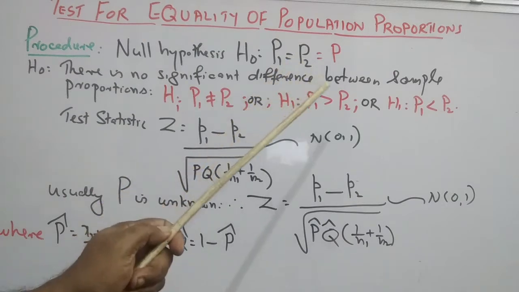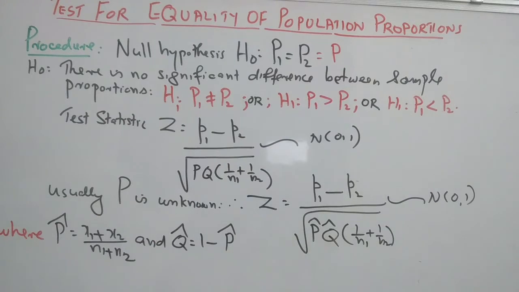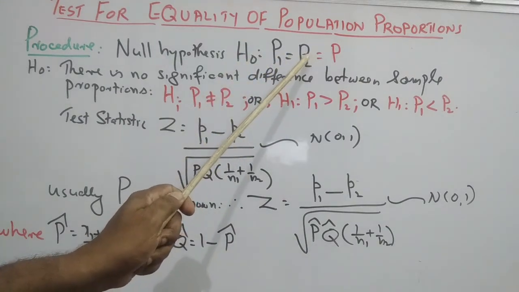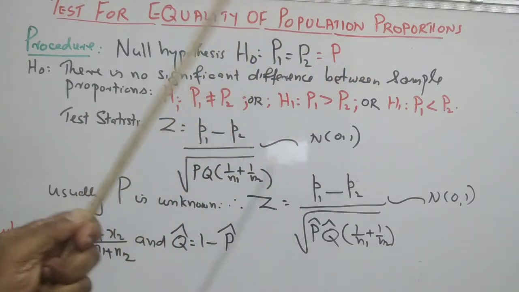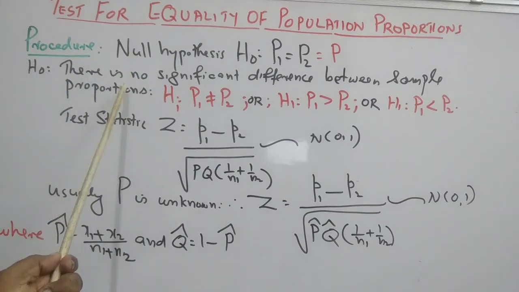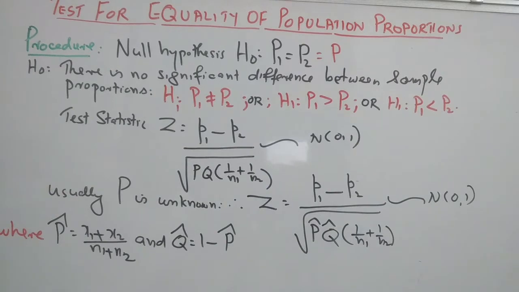Then H0 is interpreted as there being no significant difference between the sample proportions. And H1, depending on the situation, is P1 not equal to P2, two-tailed, or P1 is more than P2, or P1 is less than P2, one-tailed.